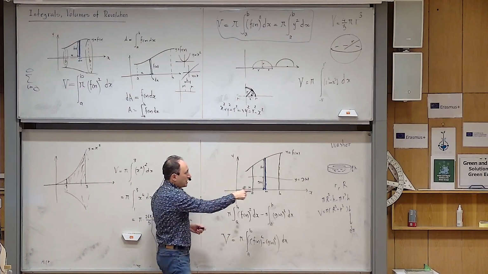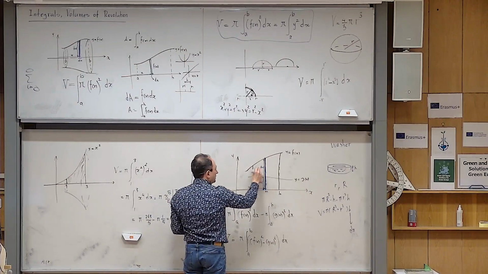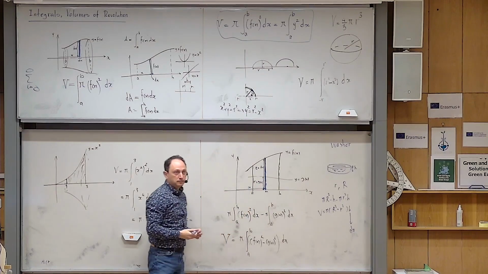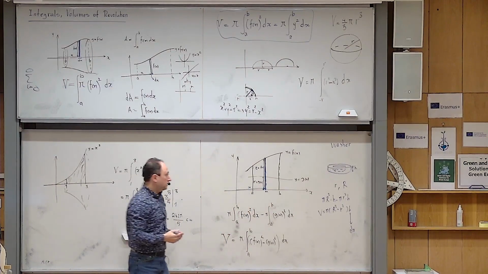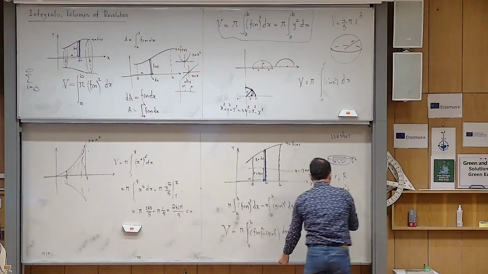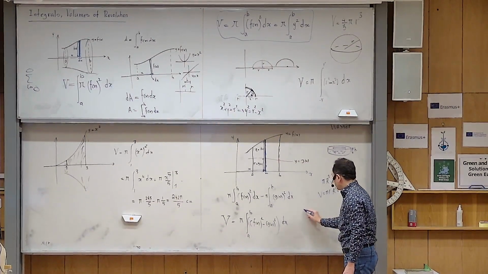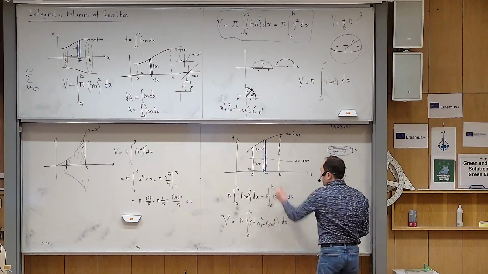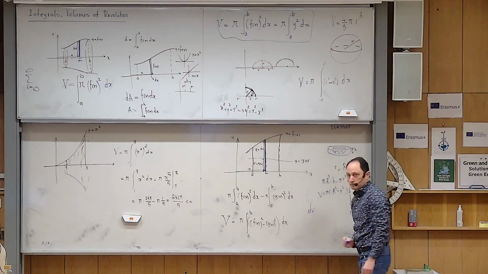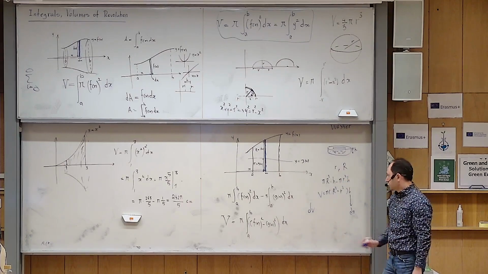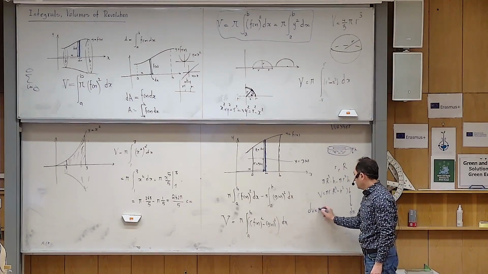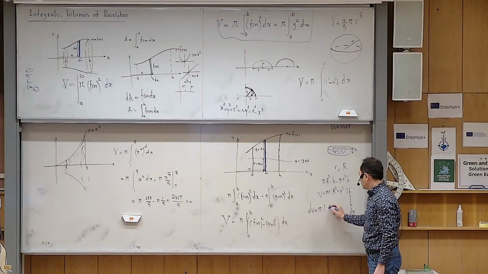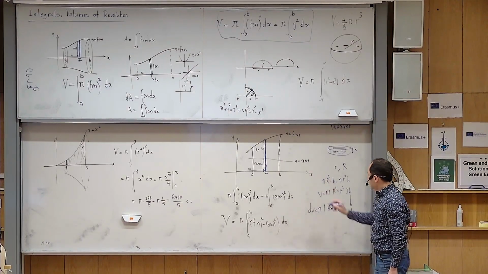So this is playing the role of your capital R, and this is playing the role of your little r. And then you know the volume. But I don't write V because this is a very small volume. I show it with dV. The small volume is equal to pi times capital R, which is f of x, squared, minus little r, which is g of x, squared.